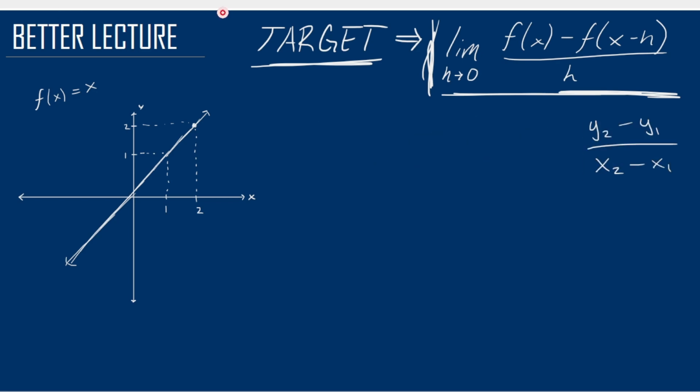But what we can do is start to manipulate this slope formula in a way that it will start to look more like the derivative definition. Instead of using 1s and 2s, let's take points a and b. How can we represent the y of what these will give out?